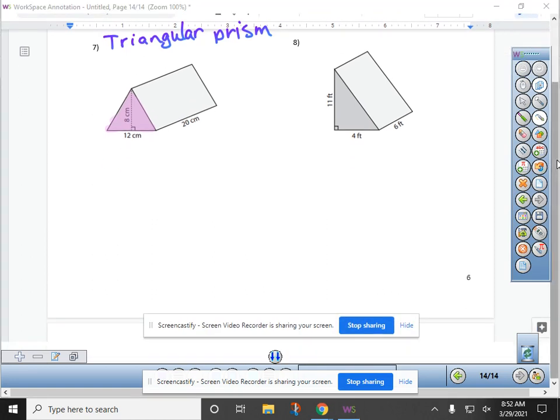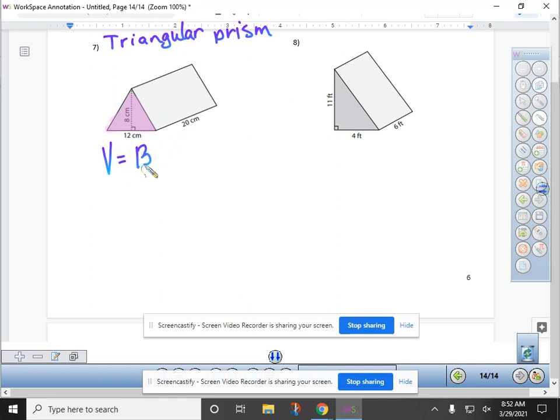Please write it down. What is the formula for the volume of a prism? Does anybody remember? Volume equals area of the base times the height. Good. What shape is the base?